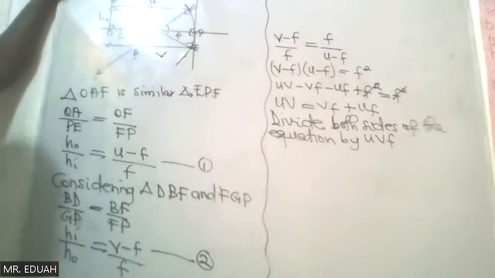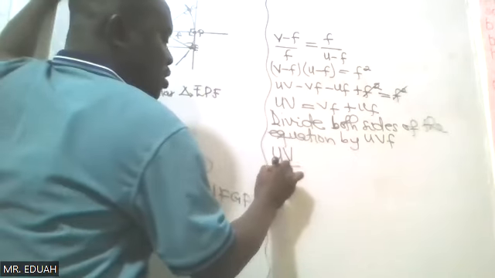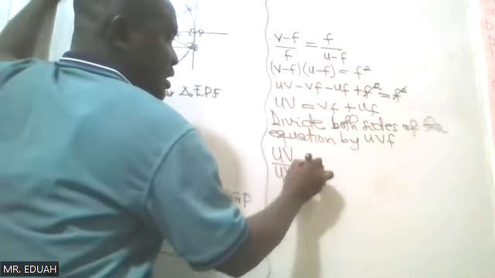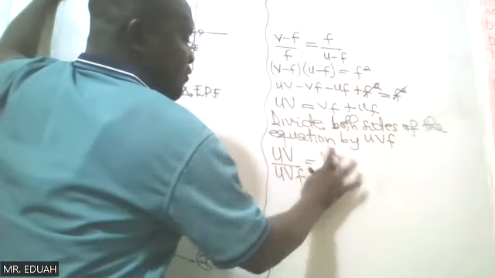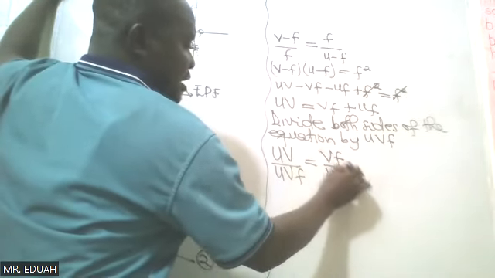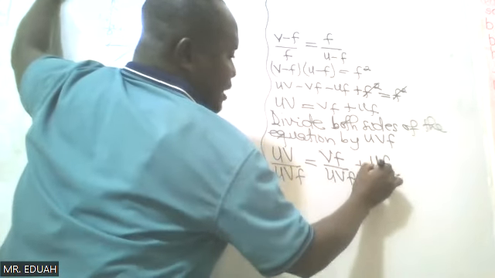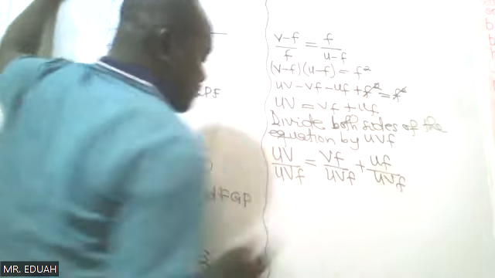So if you divide through by UVF, you have UV over UVF is equal to VF divided by UVF plus UF divided by UVF.